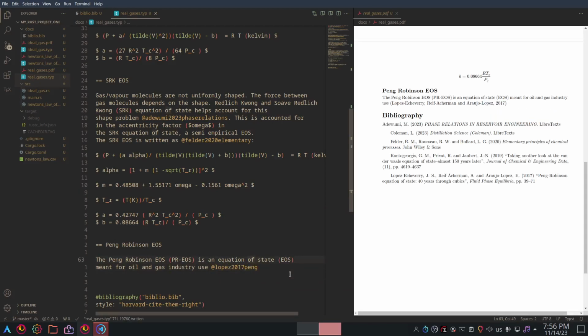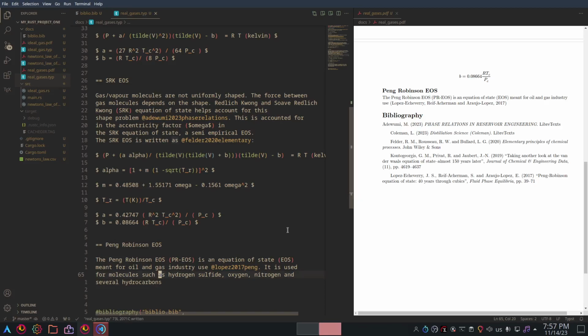See whether this works. Yes, so it's meant for the oil and gas industry. It is used for molecules such as hydrogen sulfide, oxygen, nitrogen, and several hydrocarbons.